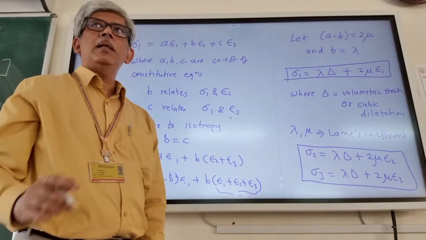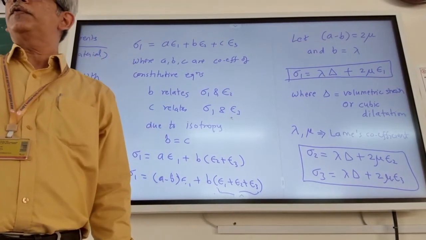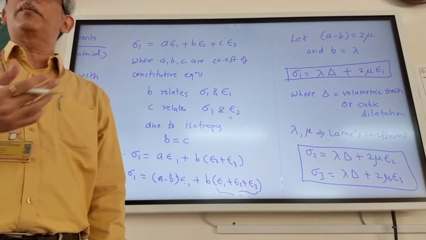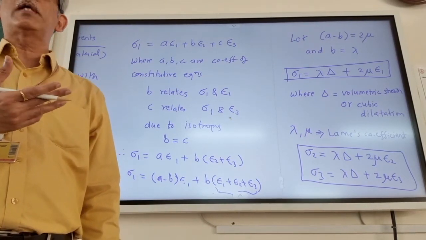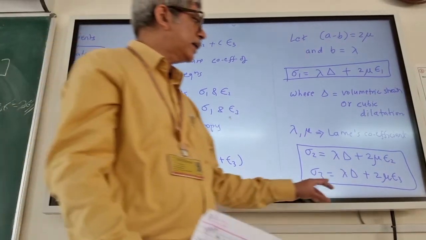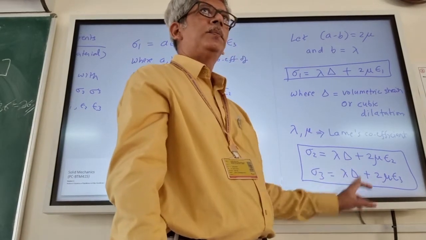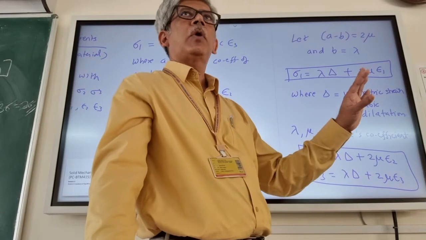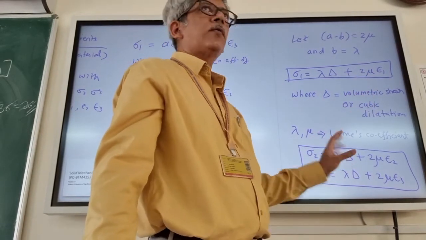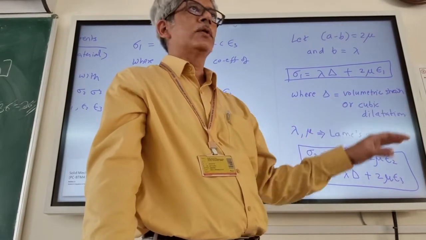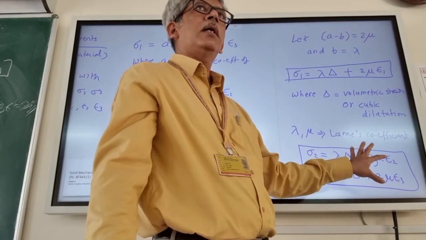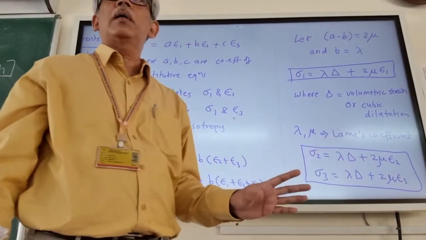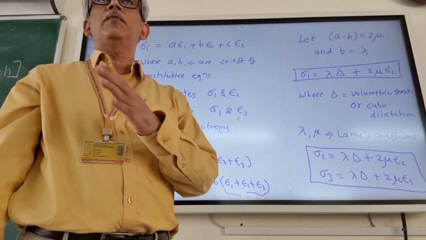So stress and strain can be written in terms of the Lamè's coefficients, and as expected for isotropic material only 2 coefficients are required, and those are lambda and mu. So instead of talking about E and nu or E and modulus of rigidity, there are some more terms that we have introduced. The use of this is more for theoretical analysis rather than for regular engineering calculation.